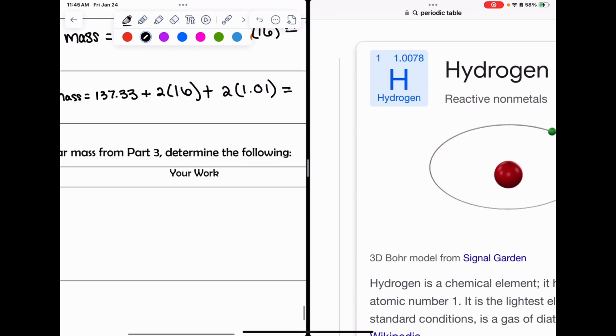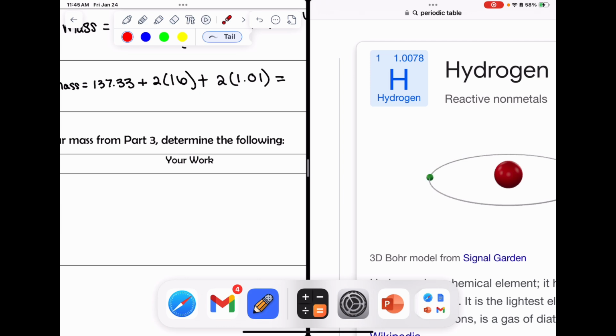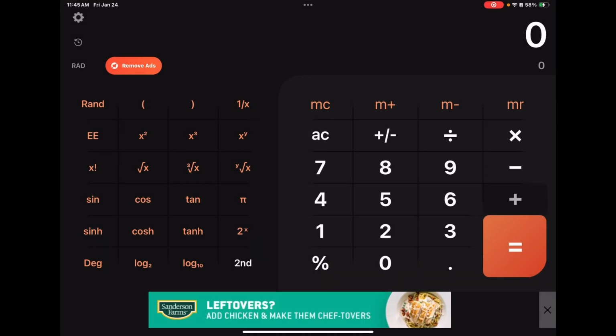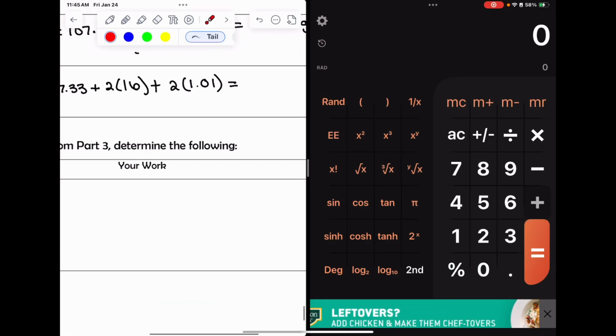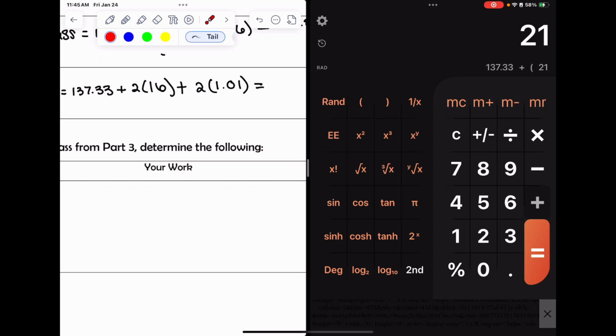Now that we have our problem set up, all 3 of these, let's plug it in. Oh my goodness, I canceled out my stuff. All right, 137.33. I wonder if it'll let me do it this time. Plus 2 times 16. Nope, that's not what I wanted to do.